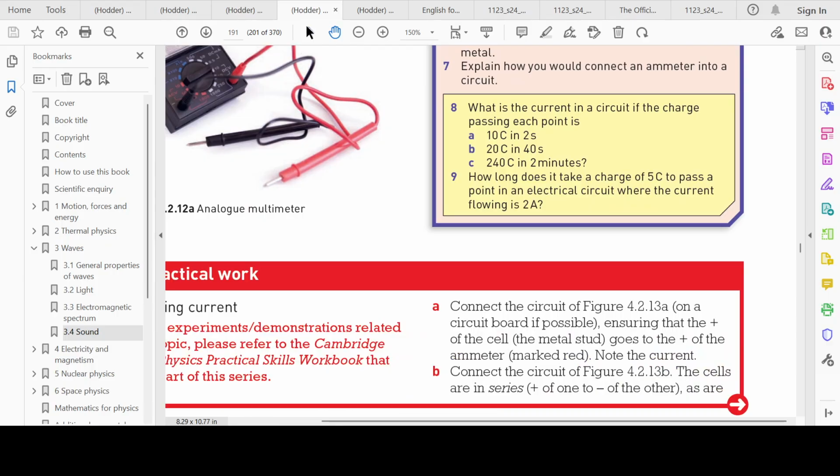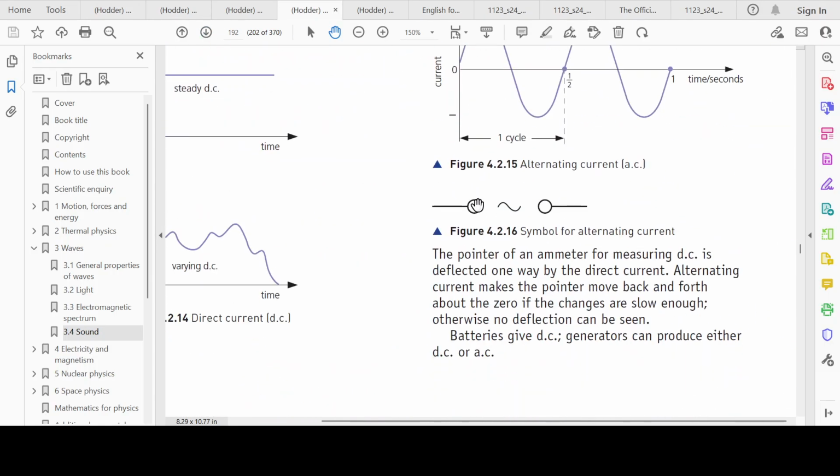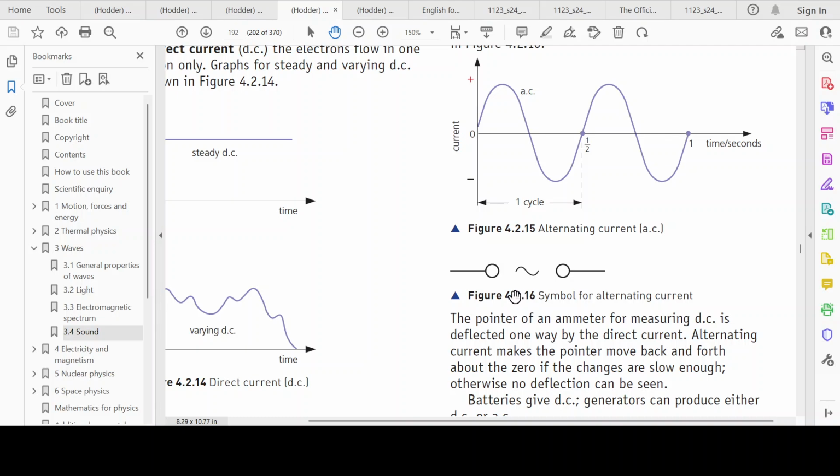And what else was it? Alternating current. Yeah. So the symbol for alternating current in a circuit is this thing over here with this wave type pattern in between.